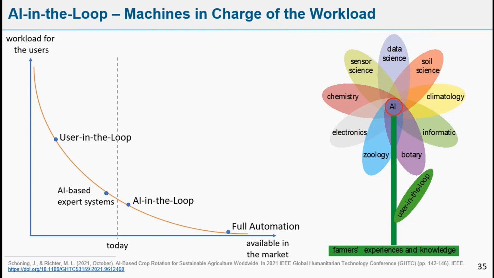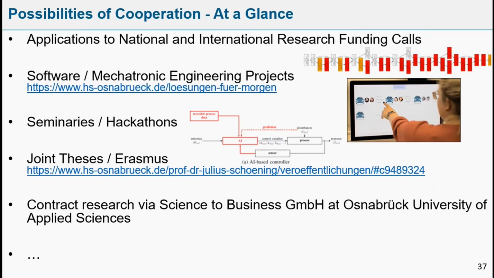And now I will come to the last slide, some marketing slide. So yeah, I'm quite new as a professor at the University of Applied Science. Right now with some colleagues, we applied for national or international funding grants.